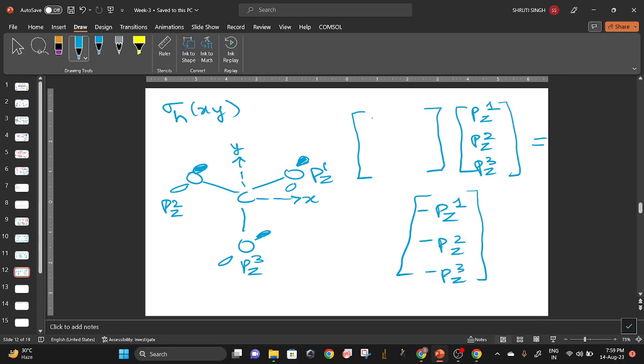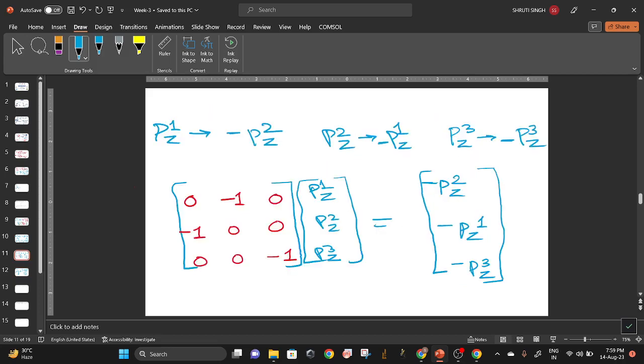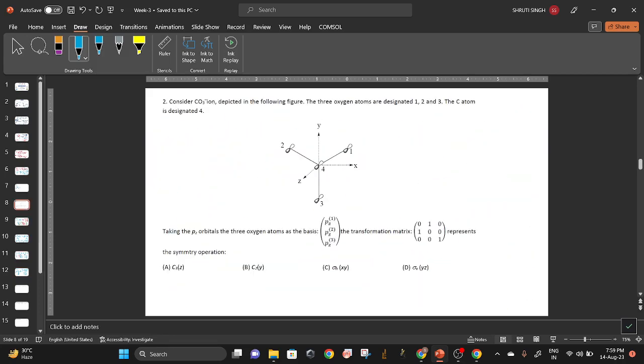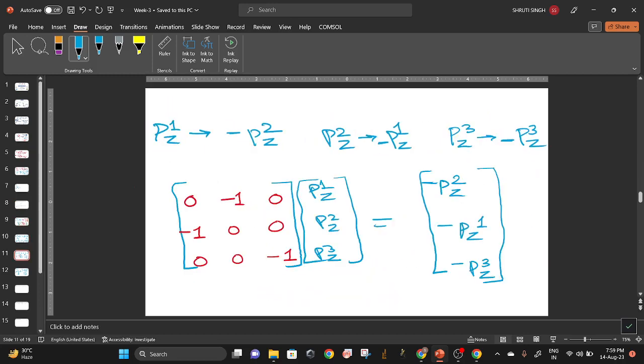So the matrix will be minus 1 0 0, 0 minus 1 0, 0 0 minus 1. So this is also not the one asked in the question, right? So let's see, D must be the answer then.